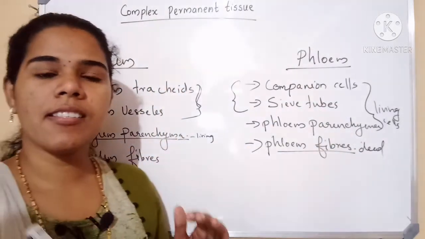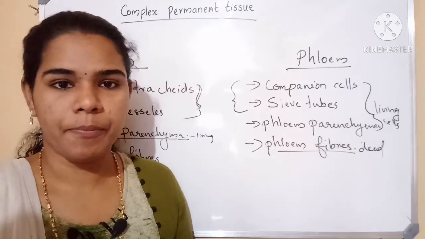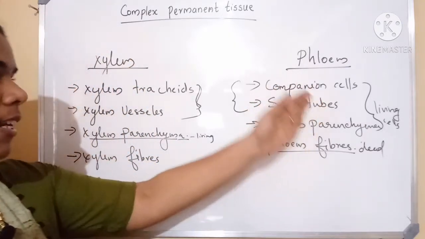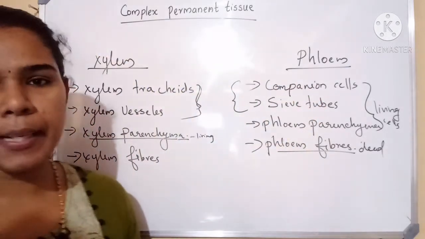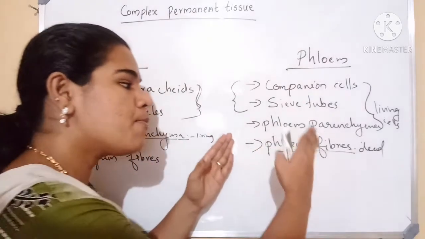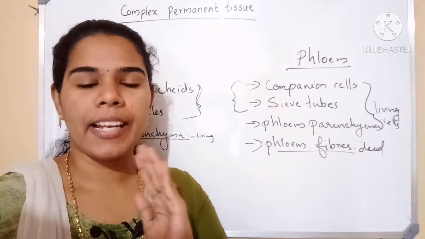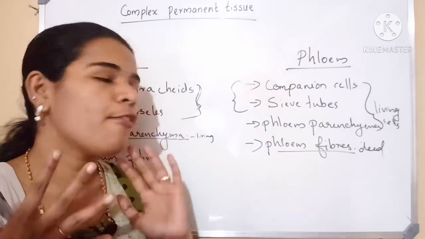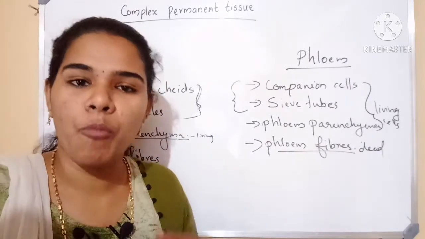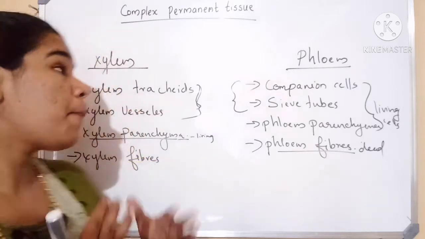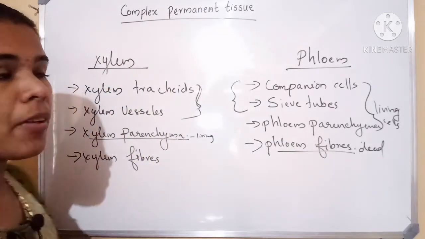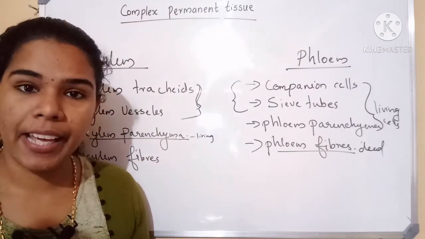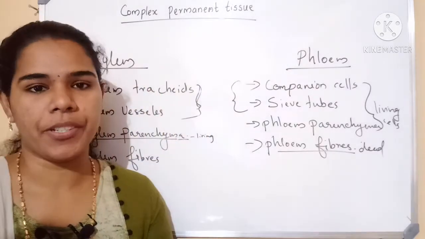So phloem consists of more living cells compared to xylem, which helps movement in both directions, moving food items upward and downward. But xylem only provides one-way direction, which means upward direction.